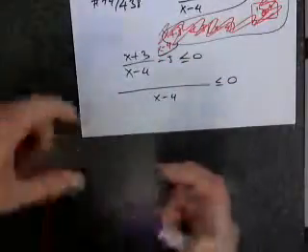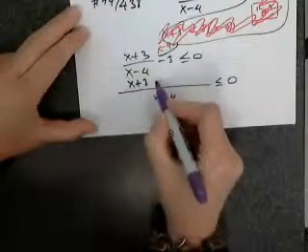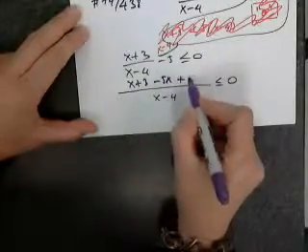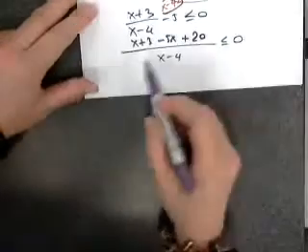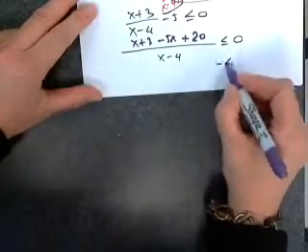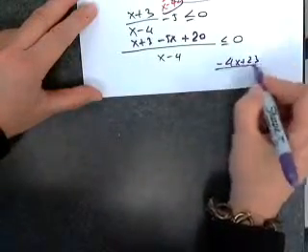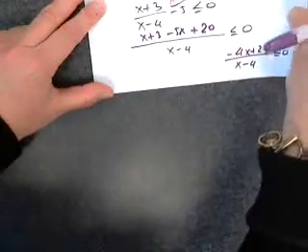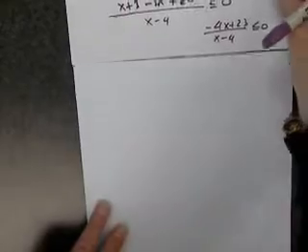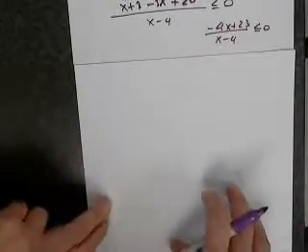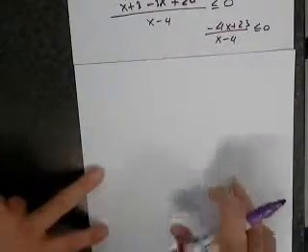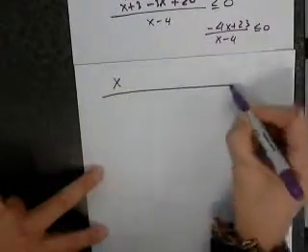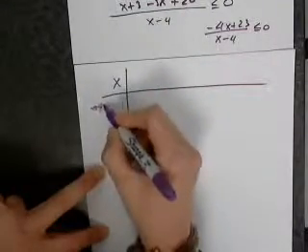I get an x plus 3, -5x and plus 20. And when I simplify at the top, I get -4x plus 23 over x minus 4 less than or equal to 0. Now, whatever you use, my chart or another chart or your method or any method, you have to show something.